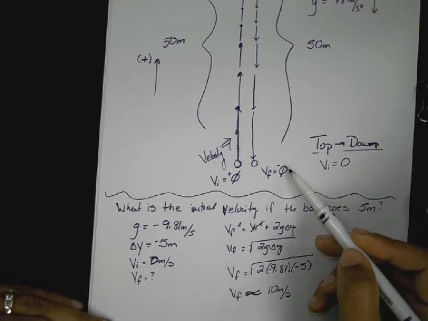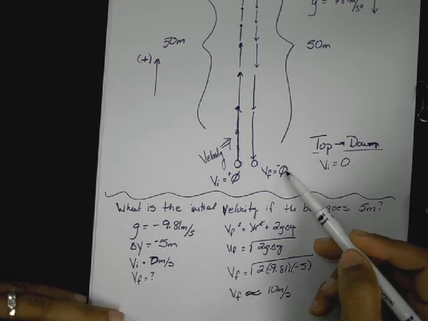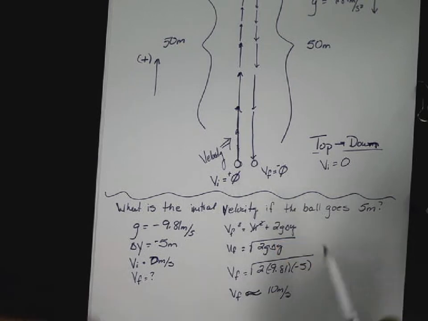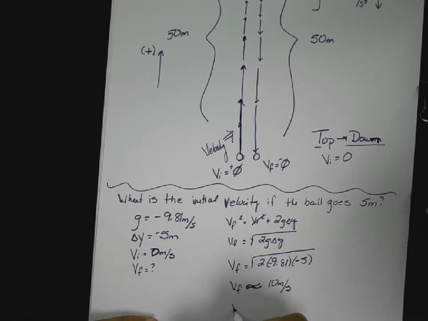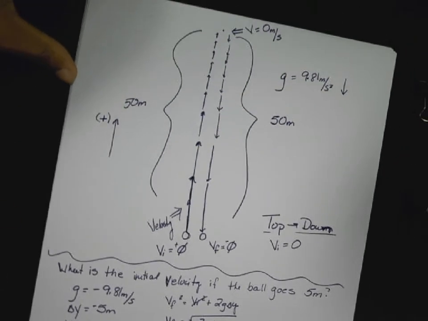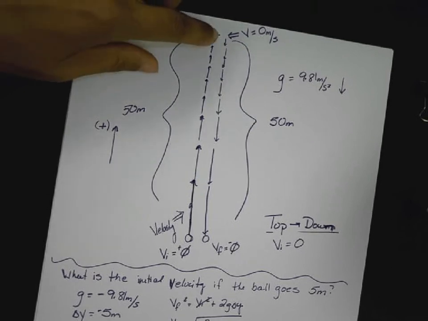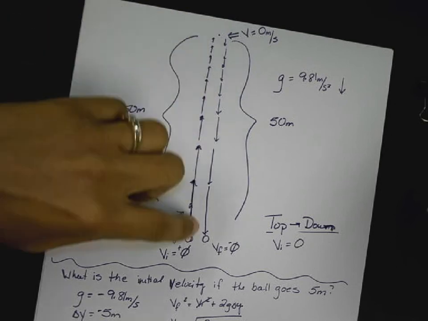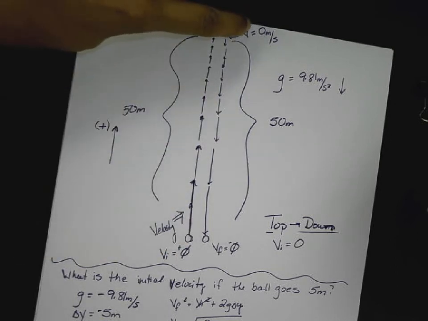Well, if that's the final velocity down here, it's got to be the same as the initial velocity up there. So the initial velocity is approximately 10 meters per second. So this is the thought process. To me, the easiest is to look from the top coming down. If you look from the top coming down, the initial velocity is 0.